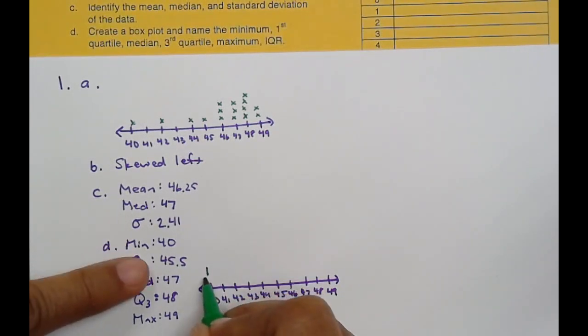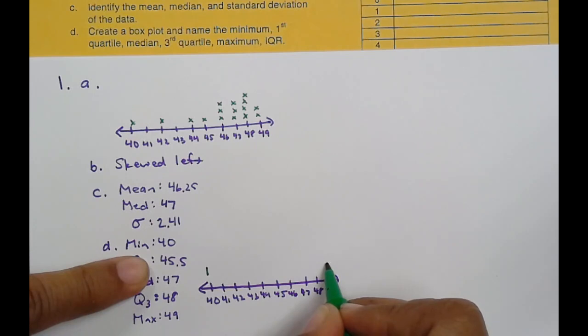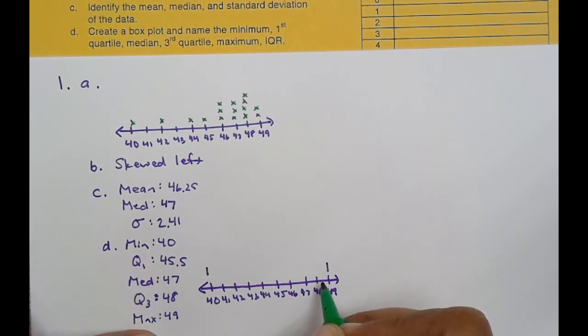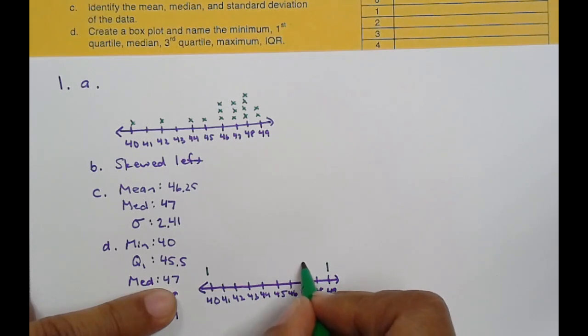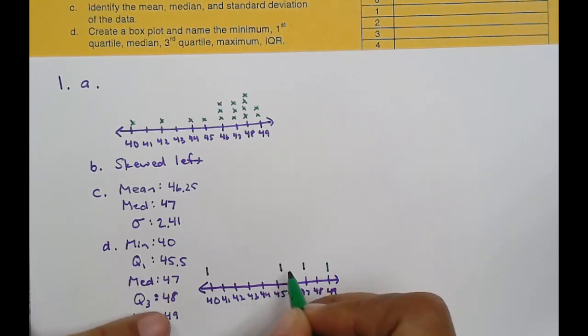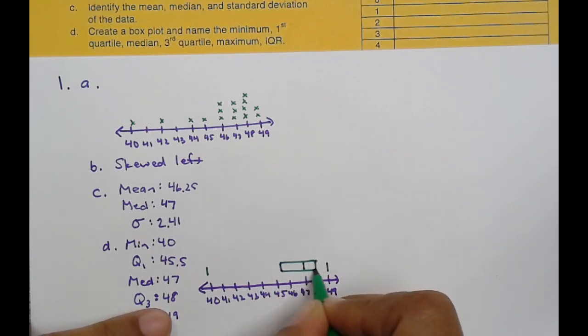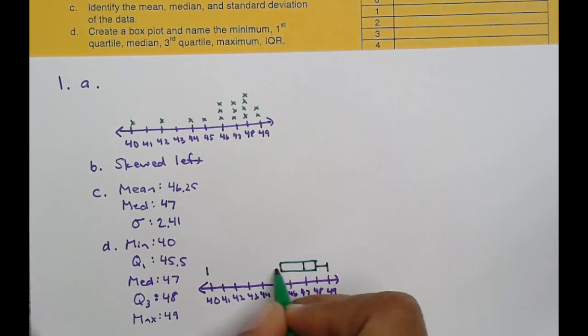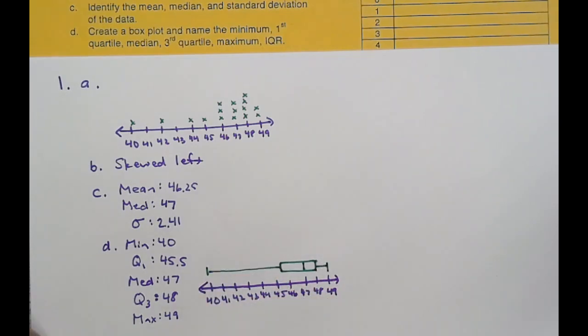This is going to be our minimum. We're going to put a line at our 49. That's our maximum. Right in between these two numbers is our median, which is at 47. And then quartile 1 is 45.5. Quartile 3 is at 48. We're going to make a box out of this. And then we're going to go ahead and connect the ends. And that will be our box plot.